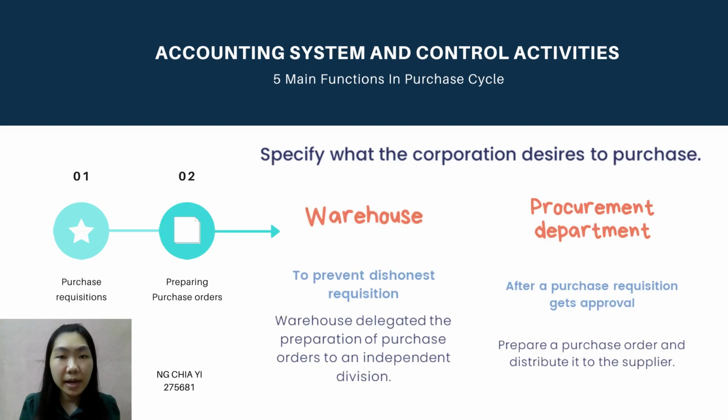Next function is preparing the purchase order. The purchase order specifies what the corporation desires to purchase. The warehouse delegates the preparation of the purchase order to an independent division in order to prevent dishonest requisition. After a purchase requisition is accepted and approved, the purchase department then prepares a purchase order and distributes it to the supplier.